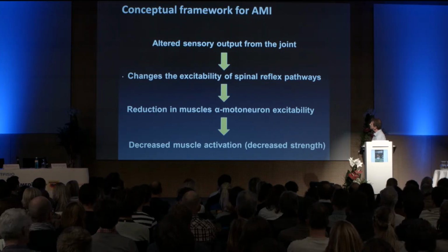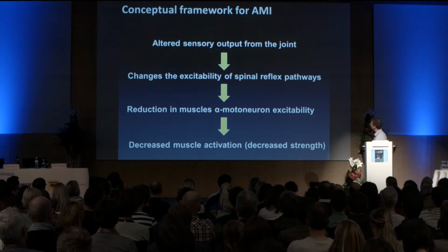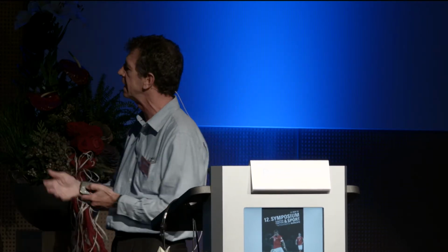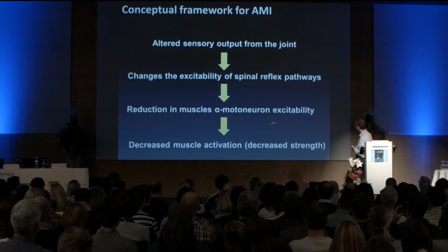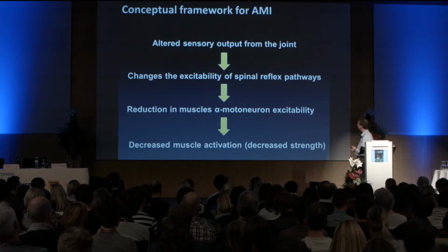And that leads to a change in the excitability of the spinal reflex pathways. And thereafter, we're going to see a reduction in the muscle's alpha motor neuron excitability. And of course, when that happens, we're going to have decreased muscle activation, or if you like to think of it more simplistically, you're going to have decreased strength.